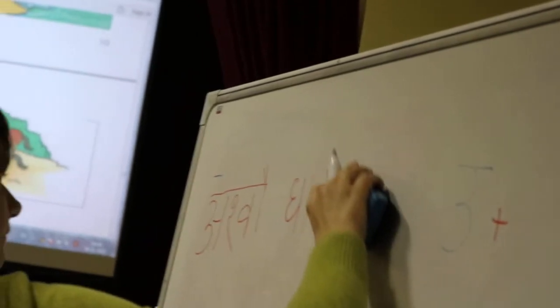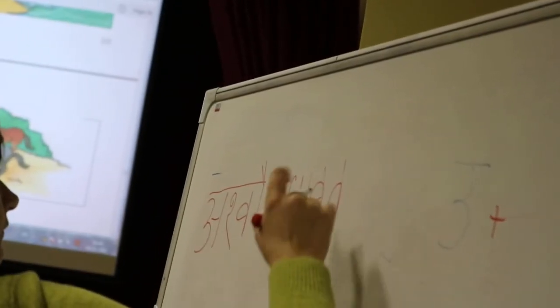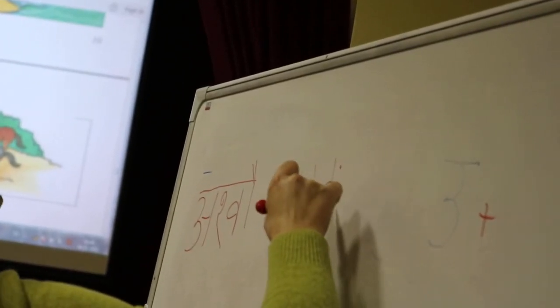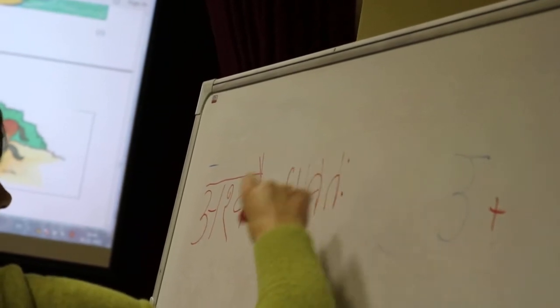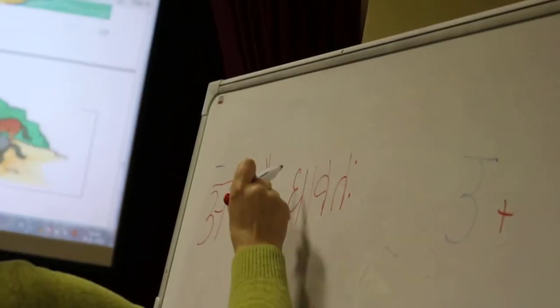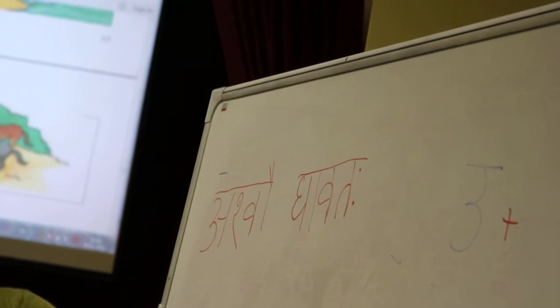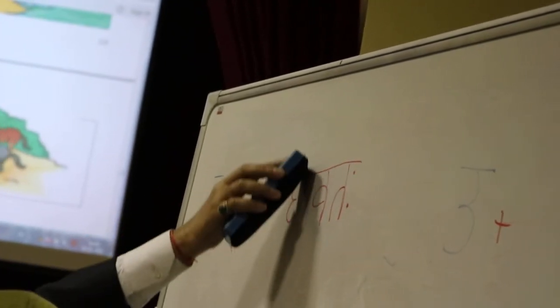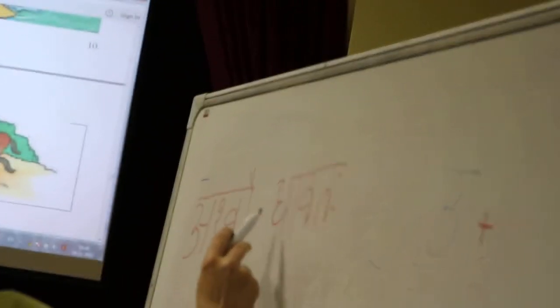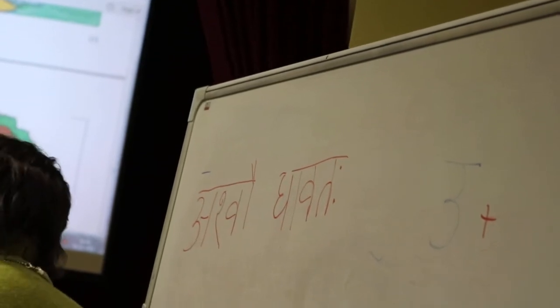Visarg. Two dots. Visarga. Dhavatah. Correct. Oh, and the top line? Oh, not the whole thing. Yeah. Dhavatah. Okay?